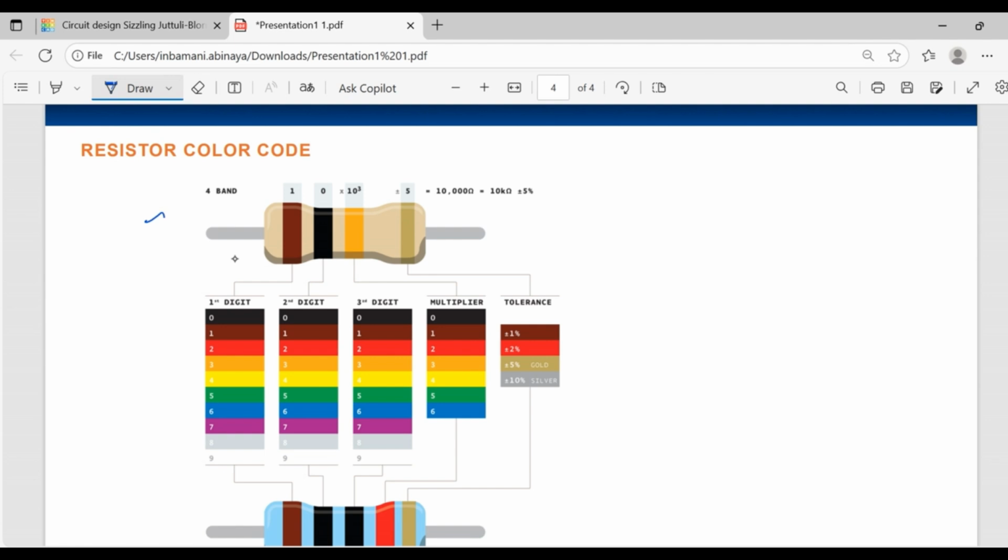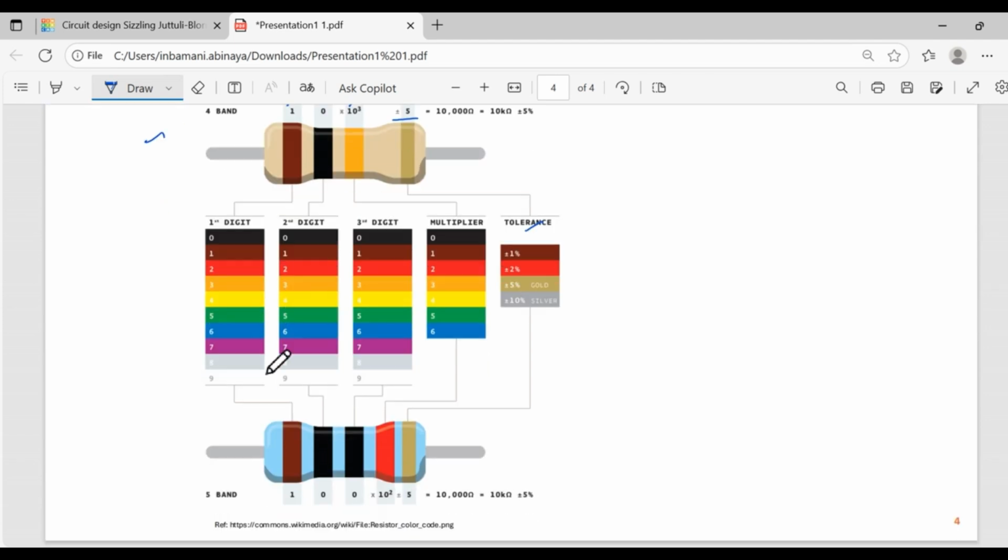In a 4-band resistor, the first 2 bands are the digits, the third band is the multiplier, and the fourth band shows the tolerance value. In a 5-band resistor, the first 3 bands are the digits, the fourth is the multiplier, and the fifth is the tolerance value.